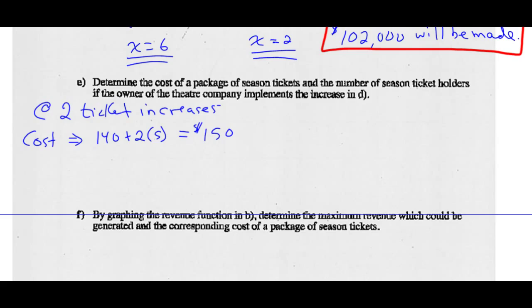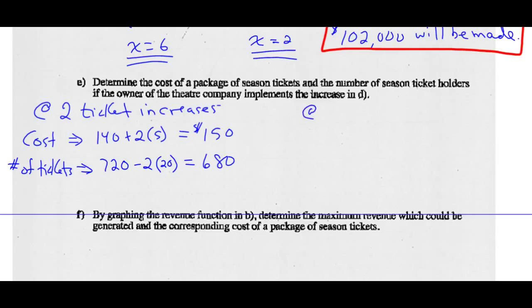And the number of ticket holders would be 720 minus 2 times 20. So 720 minus 40 would be 680 season ticket holders.